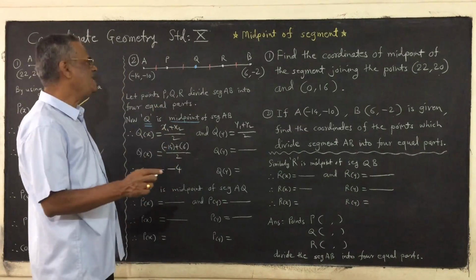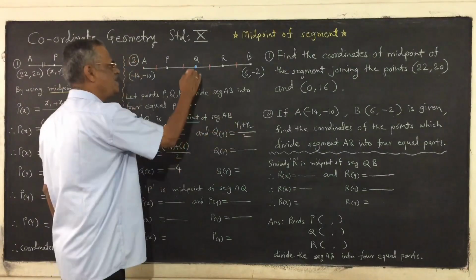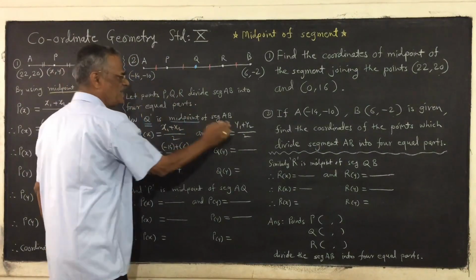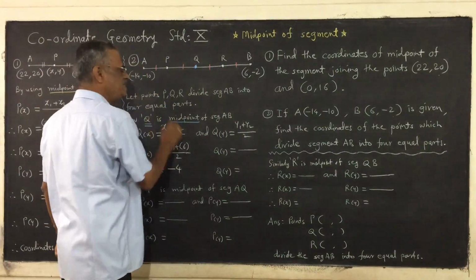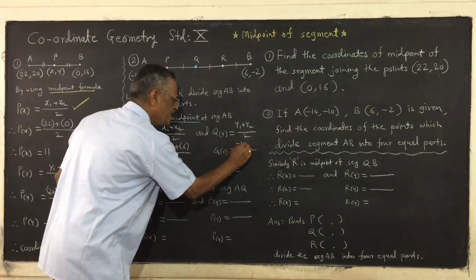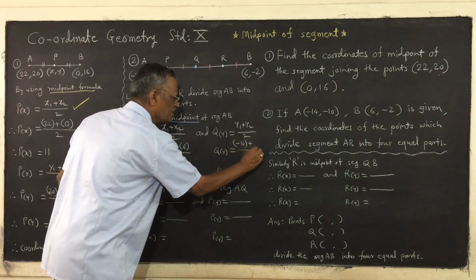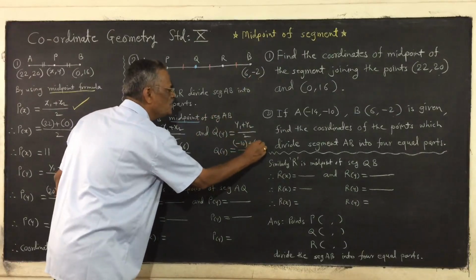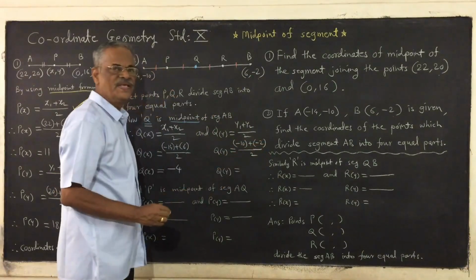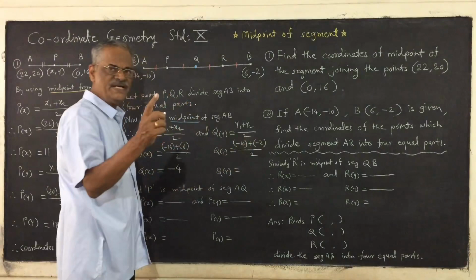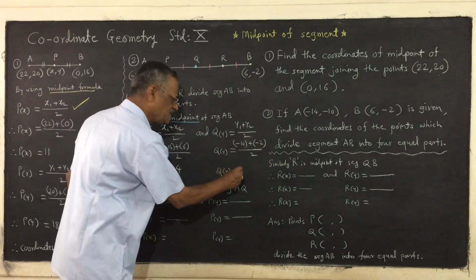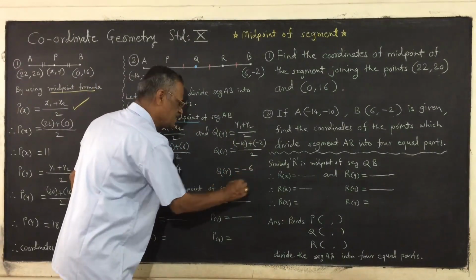Similarly, calculate the y coordinate of Q using y1 plus y2. Y1 is minus 10 plus y2 is minus 2, divided by 2. Negative and negative together give negative, so minus 12 upon 2 is minus 6.